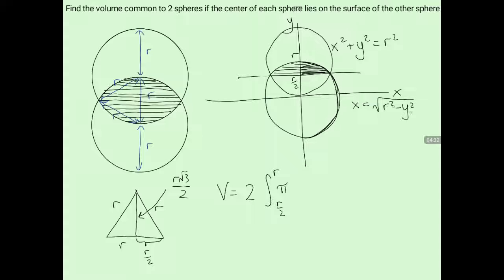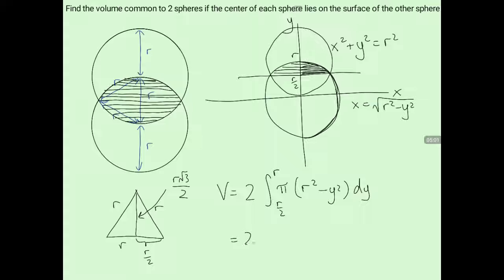The radius, of course, being the distance between this semicircle arc and the y-axis. So we're going to square this. So we get r squared minus y squared. And this is in terms of y. So right now we have established a definite integral with respect to y.